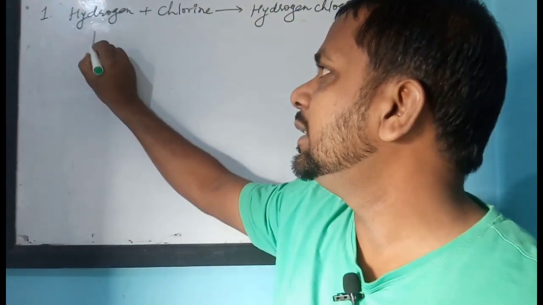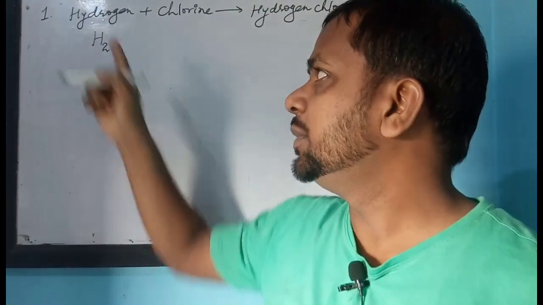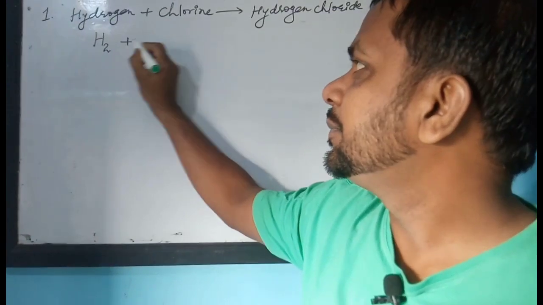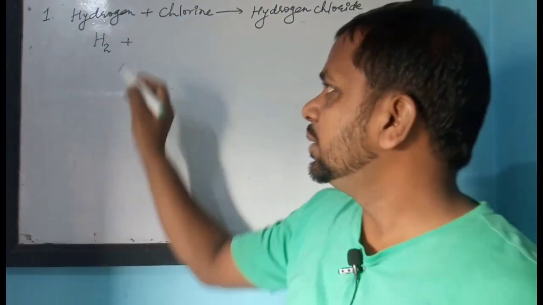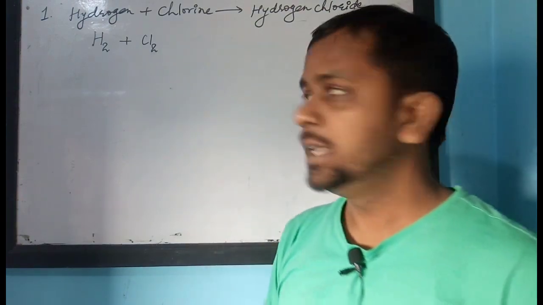We cannot write only H here, we have to write H2 because it is a diatomic element. Similarly, chlorine is also diatomic, so we have to write Cl2 here.